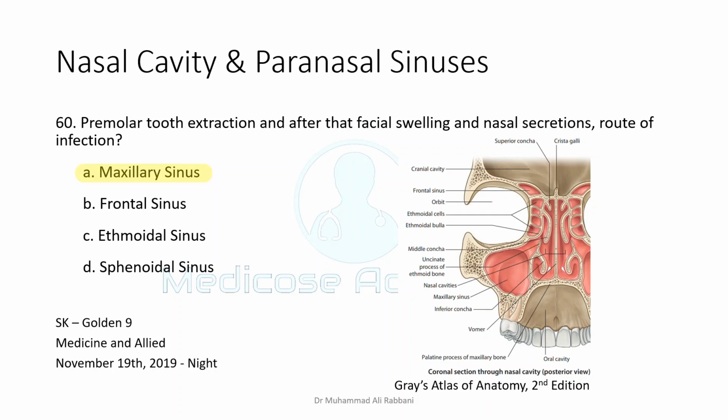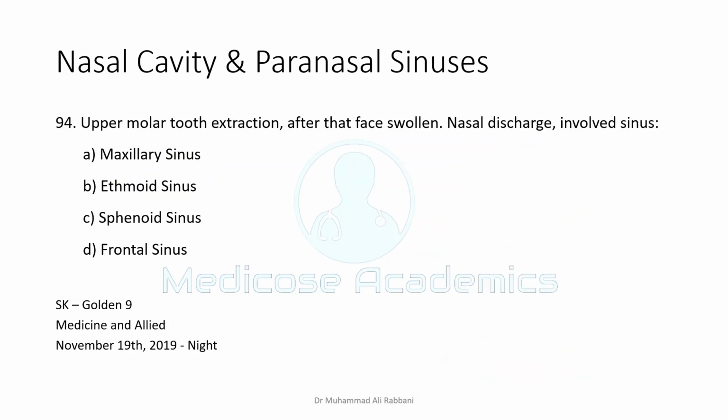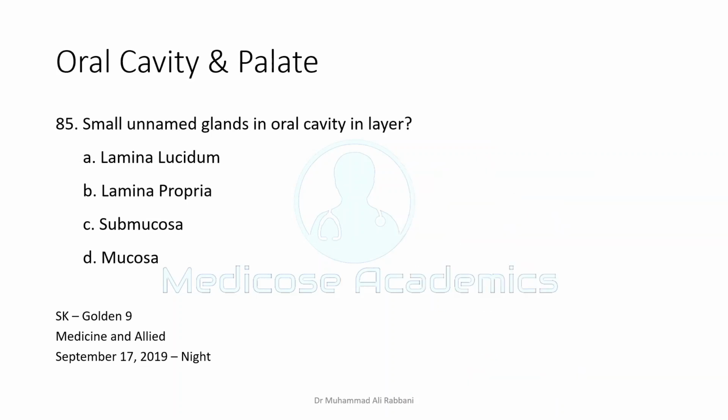And in very old people, there may be no bone at all. There may be just a layer of mucous membrane. So maxillary sinus tends to get infected in molar and premolar tooth extractions and infections. Same question again: upper molar tooth extraction, face swollen, nasal discharge, maxillary sinus.